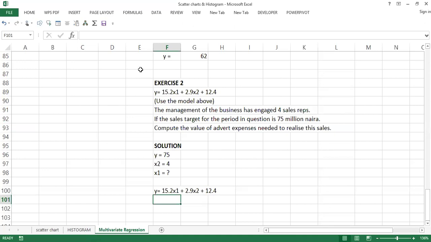We can as well say that 15x1 is equal to Y minus 2.9 x2 minus 12.